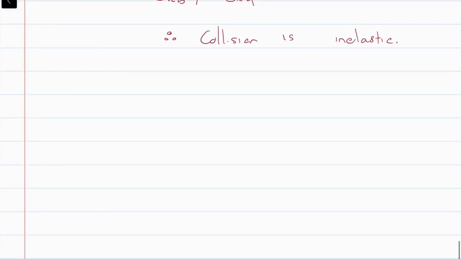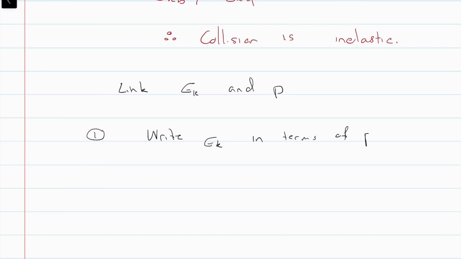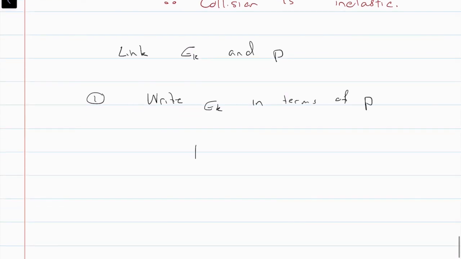Okay, so basically I want to try and link kinetic energy and momentum P. So first, I'm going to write EK in terms of P. We know that momentum is equal to mass times velocity, and EK is equal to a half mv squared.